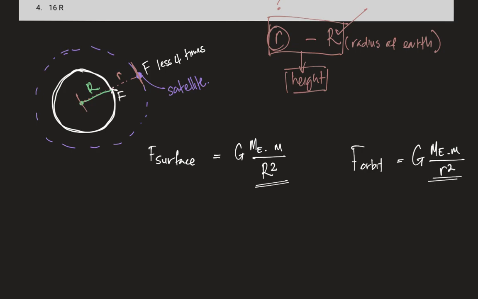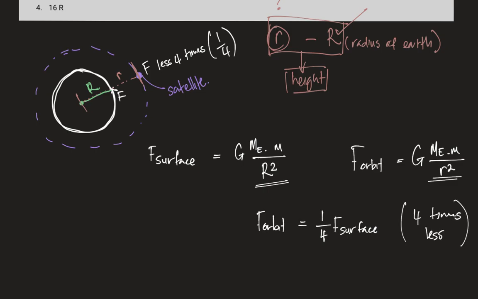If it's 4 times less, we're going to use a quarter. So what we've got here is my force of my orbit is equal to a quarter of the force at the surface. This just means 4 times less.